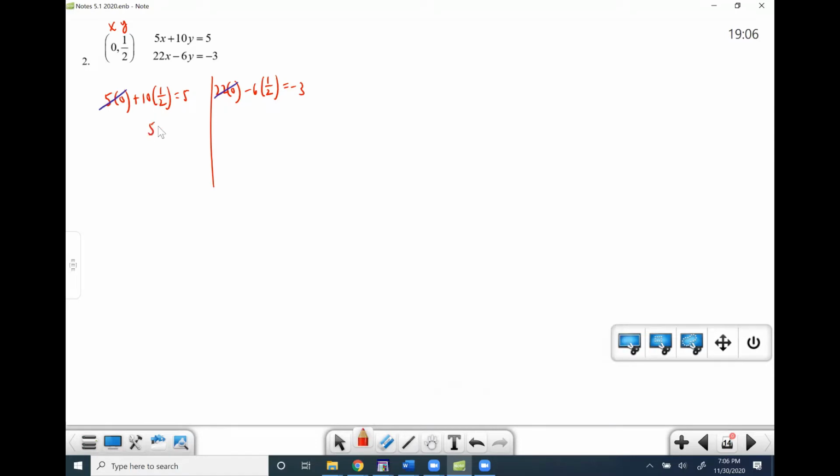Half of 10 is 5. That works. Half of -6 is -3. That works. So it is a solution. Hey, both go through 0.5. Whatever this line is and whatever that line is, they both go through it. It's a solution. All right.